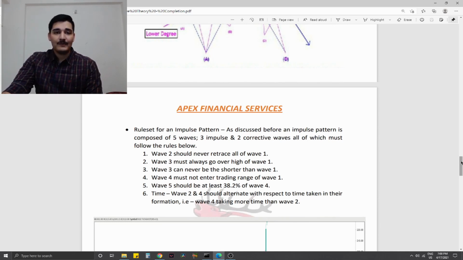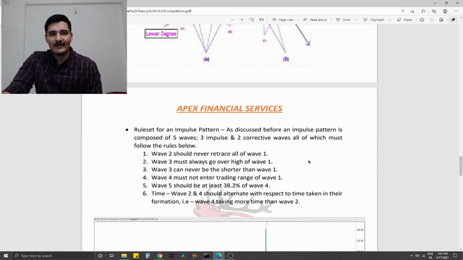Now keep in mind, as we discussed last time, when you are trading Elliott waves, it is always preferred to take an entry on the impulse side of things rather than the corrective side of things, simply because the impulsive pattern is going to be a lot easier to identify and to intercept and to actually gain some profit out of it, whereas the corrective patterns are largely confusing, and it is quite difficult to actually gauge where the corrective pattern is going to be ending for you to be planning a trade around it before it actually ends.